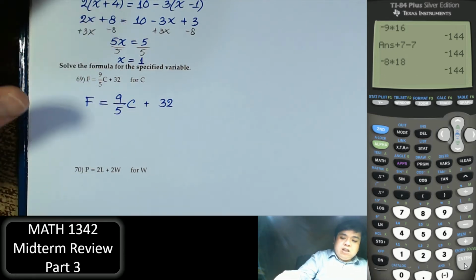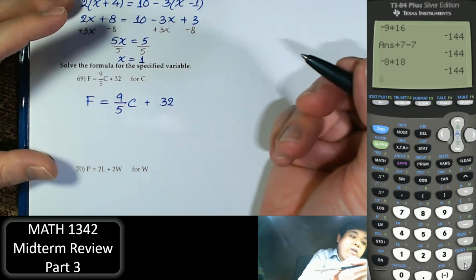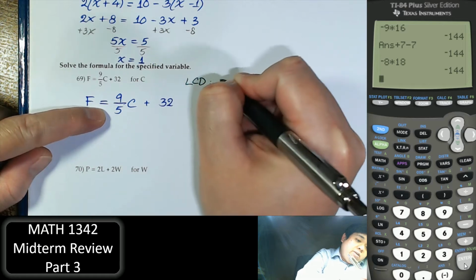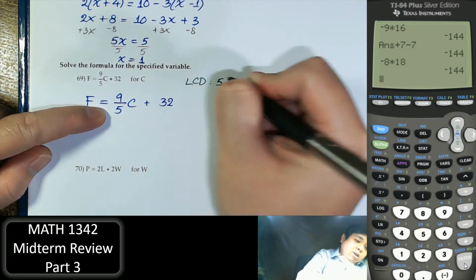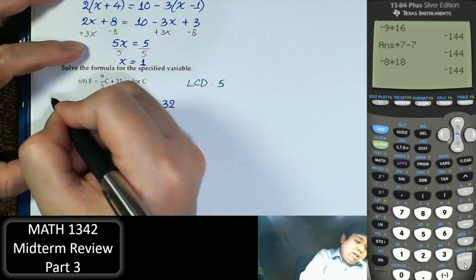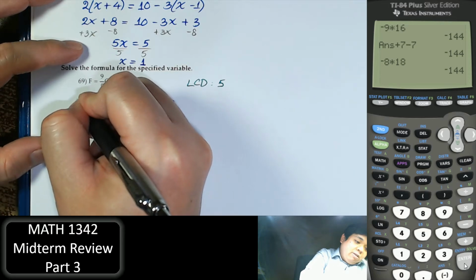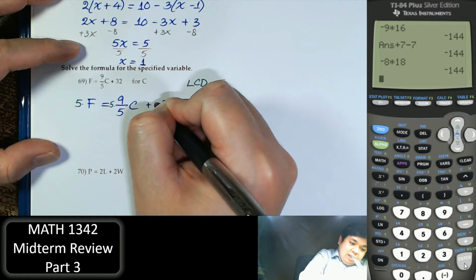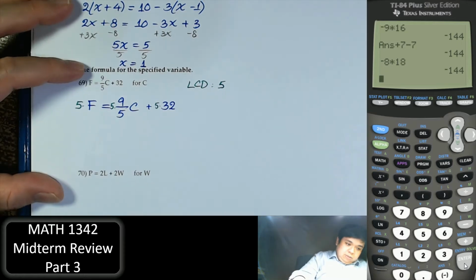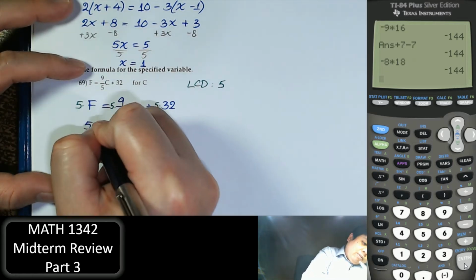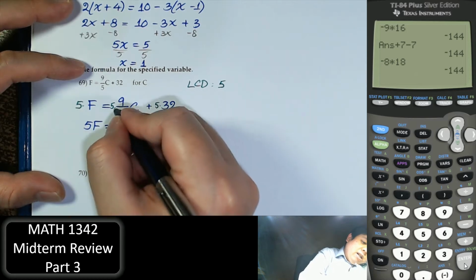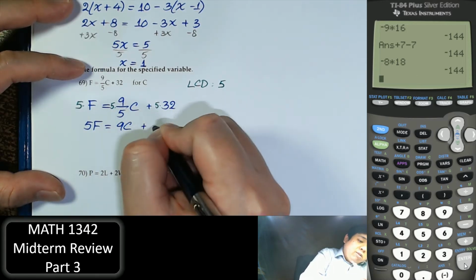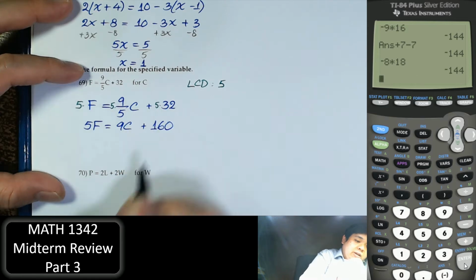Just like what we did earlier, try to get rid of the fraction. There's only one denominator here, which is 5, so that is the least common denominator. I multiply everything by 5. I have 5 times Fahrenheit. 5 and 5 cancel here, 9 Celsius. 5 times 32 is 160.